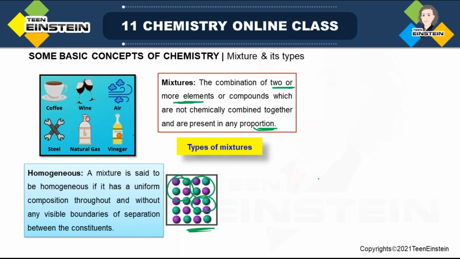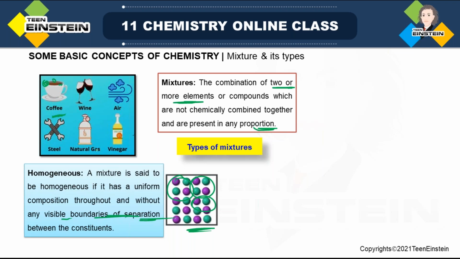That means it has uniform composition throughout, and you cannot find any phase, visible boundaries or layer separation. Suppose you have coffee, from any part it will always have uniform composition, right?